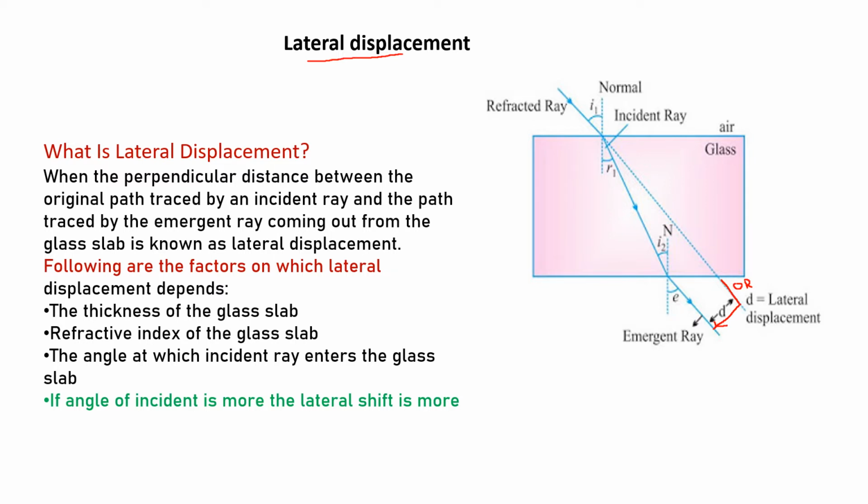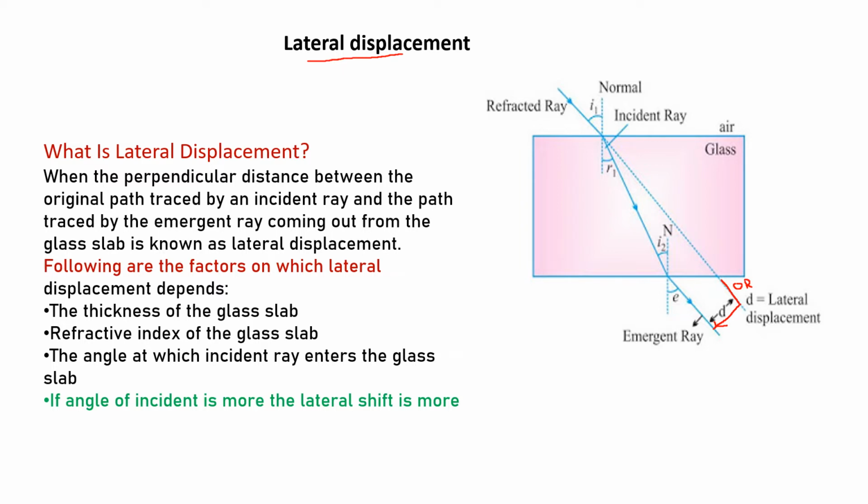So the perpendicular distance between the original path and the path traced by the emergent ray is nothing but lateral displacement. And just because of this lateral displacement, you saw that the pencil was looking a little bit sideways.